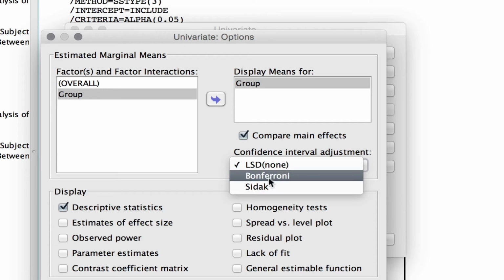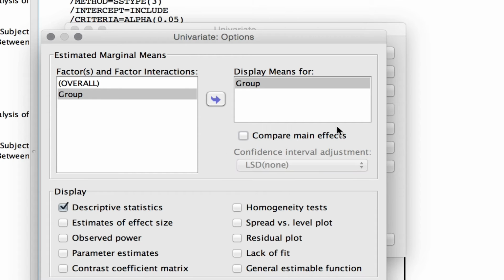But we're not using this in this case, because if we have a significant effect on our ANCOVA, then the only difference is between the no redirect and the redirect group. But I just wanted to show you that, because if you had more than two groups, you might wonder where you would get post-hoc tests from.